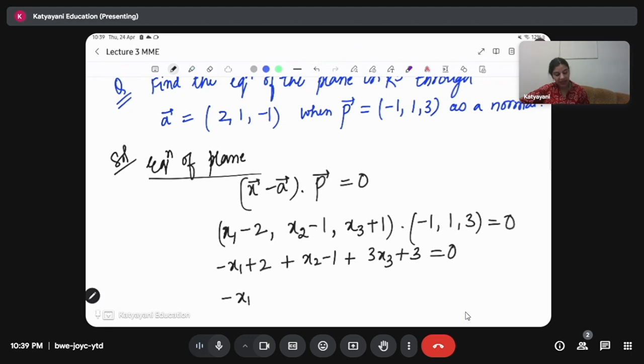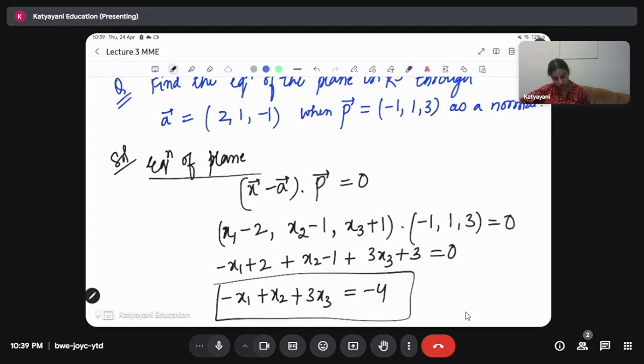Taking all the x1, x2, x3 terms on one side and the constants on the other side, I get minus x1 plus x2 plus 3x3, right? And solving this, I will get 4. So plus 4 is equal to 0. So I can take it to the other side, I get minus 4. So this is the equation of the plane that I will get.